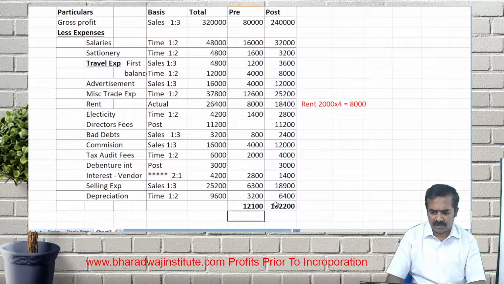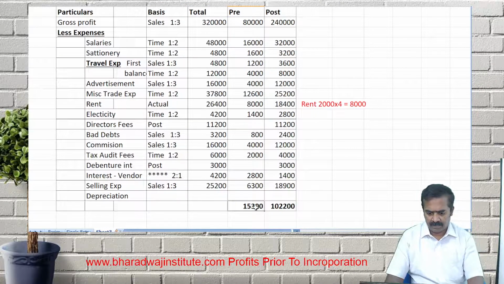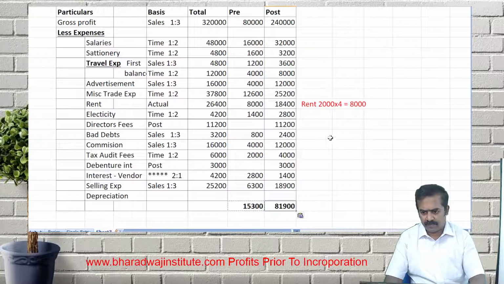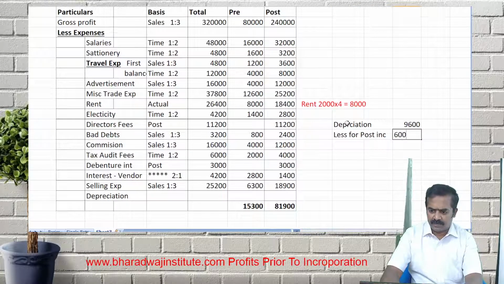We have to do the working note, wait பண்ணுங்க. Depreciation, what is the total depreciation? 9,600 less 600 for post incorporation period என்ன வரும்? 600 வரும். Balance தான் time ratio.